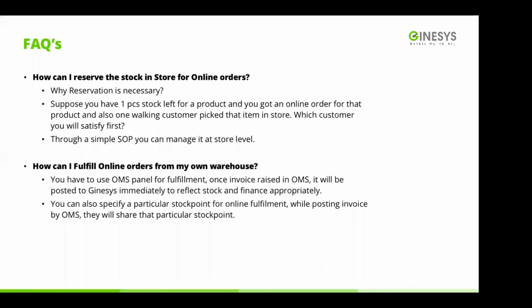There are multiple ways of doing this. You can easily create some buffer stock if you have multiple stock availability for a single product. Then you can keep some buffer stock to avoid any order cancellation in the OMS panel itself, right? So there are multiple ways where you can avoid the stock reservation aspect.